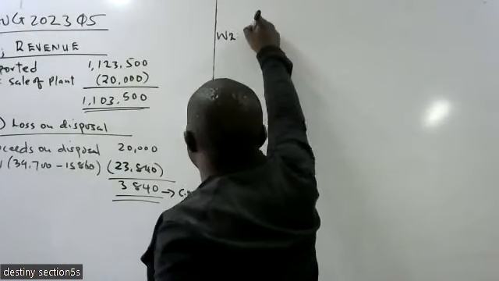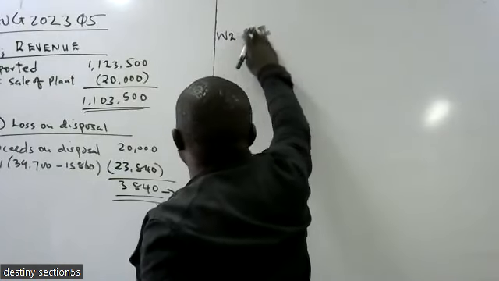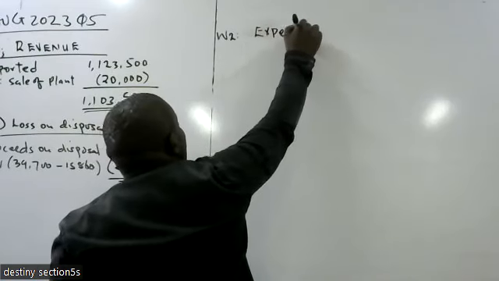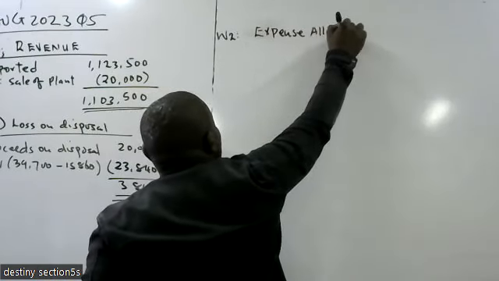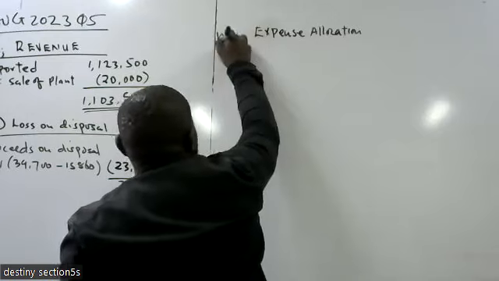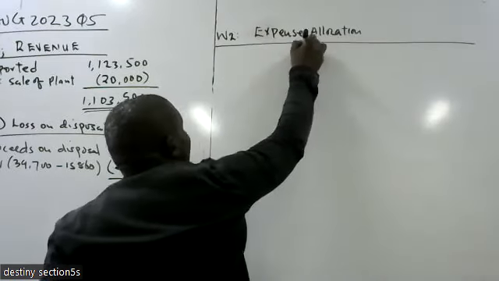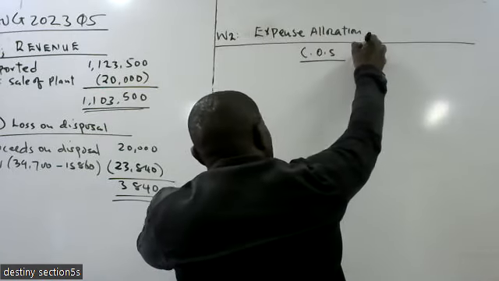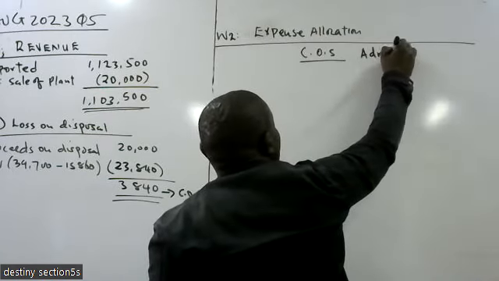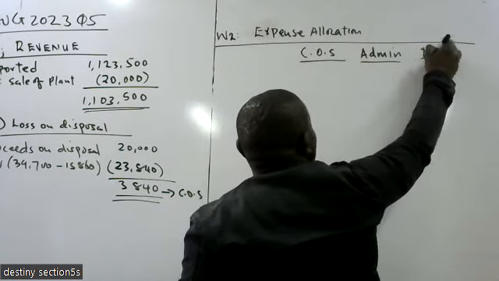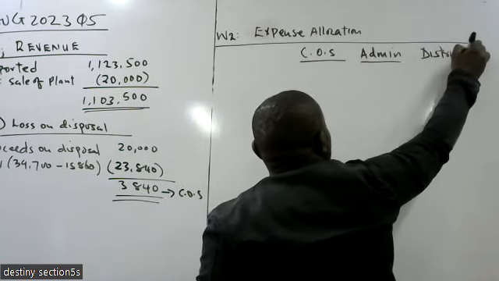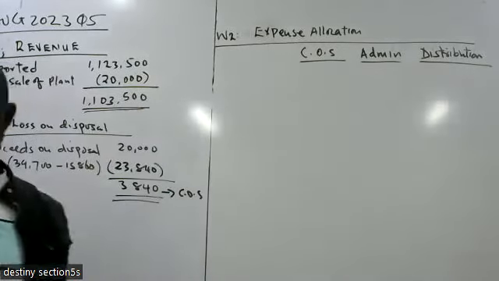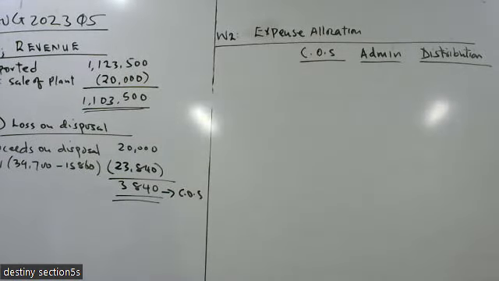So just write here expense allocation. I want you to write for me here cost of sales, admin, distribution. Let's have those 3. We can do them at once.